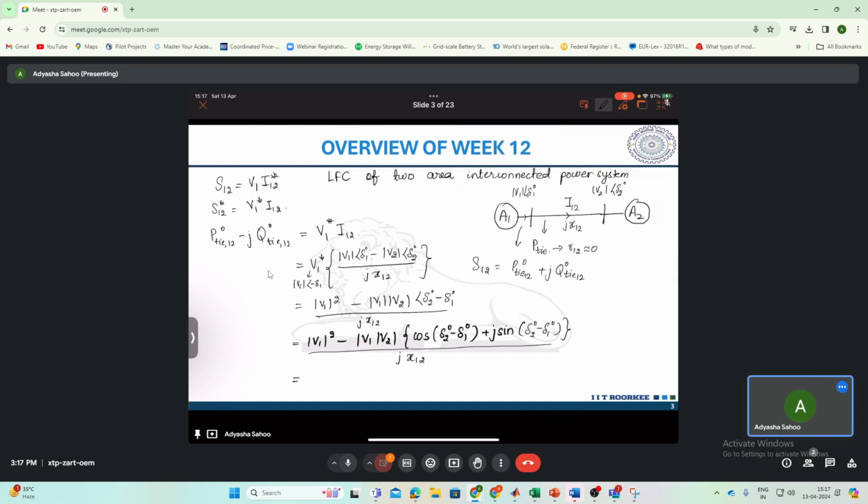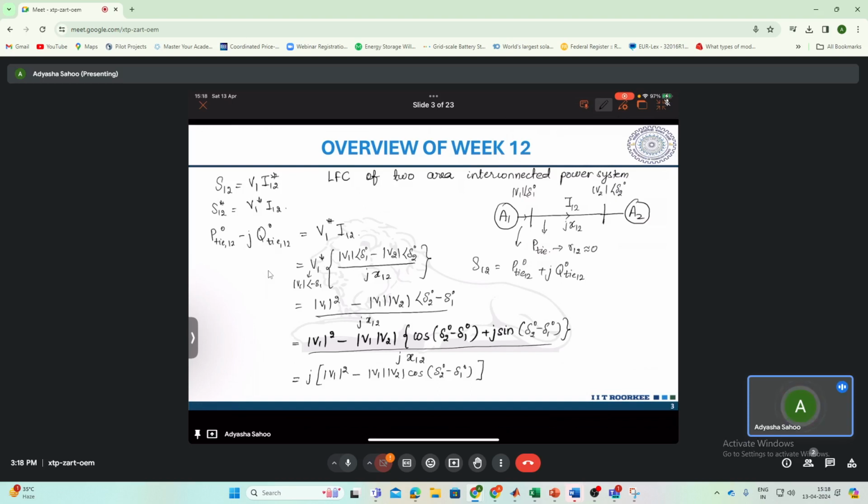After this, if I multiply with j, what I get is j times V1 squared and this real part, V1 V2 cos of delta 2 naught minus delta 1 naught.